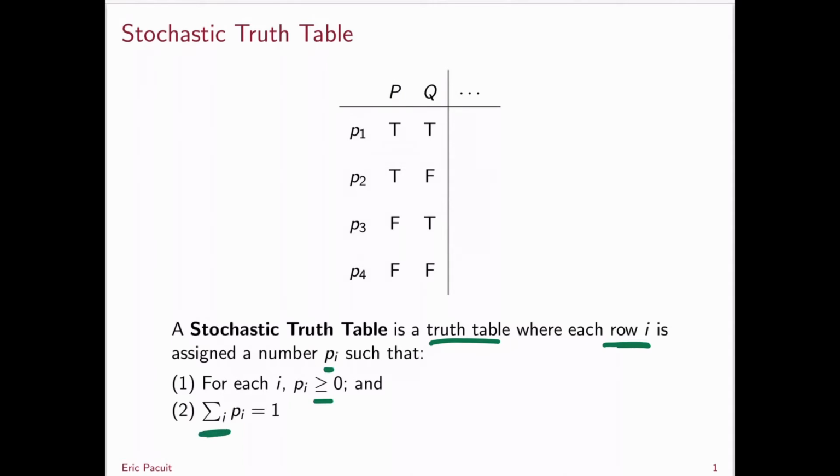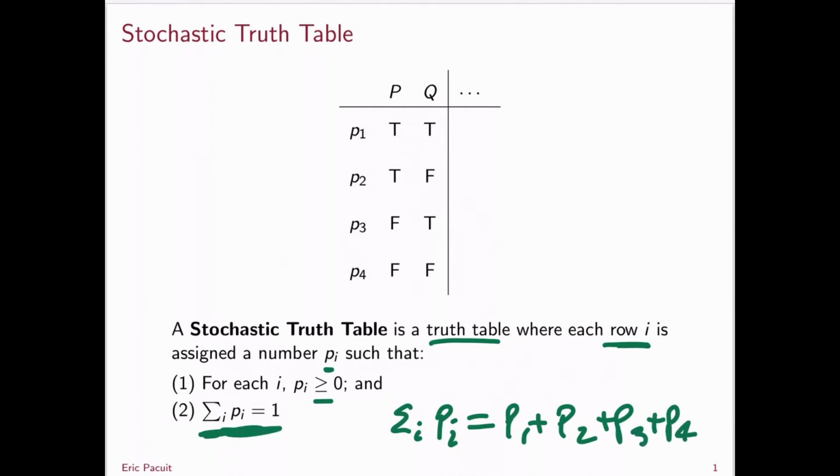That's what this notation right here is, this big sigma sub I of P sub I. That's just a shorthand for writing P1 plus P2 plus P3 plus P4. So this is just a short, mathematically precise way of saying the sum of the Pi is equal to 1.